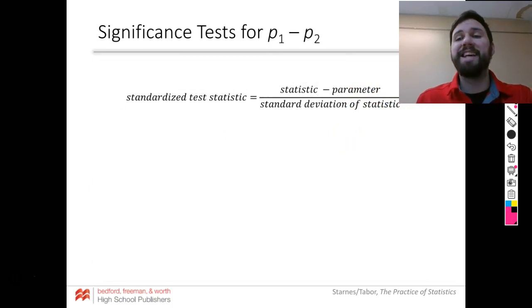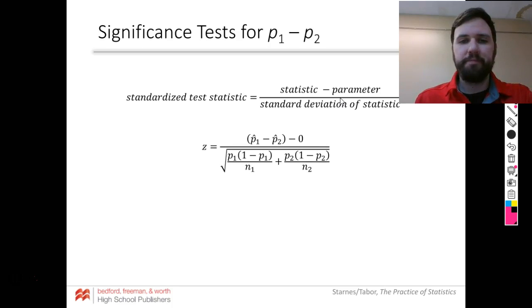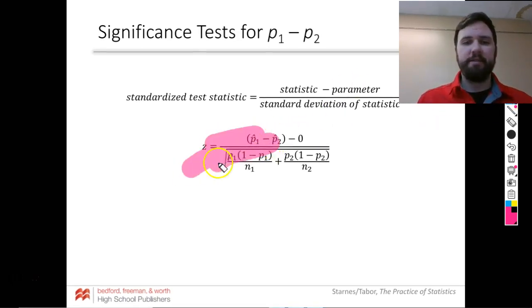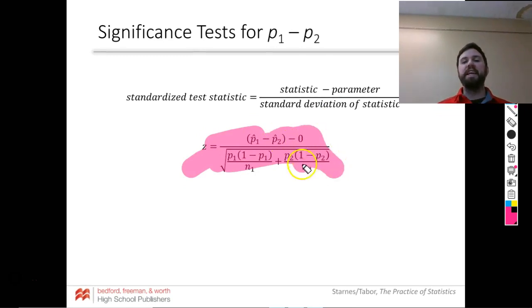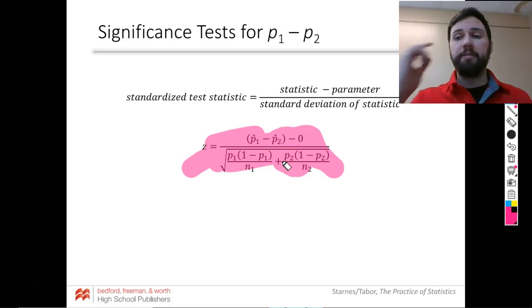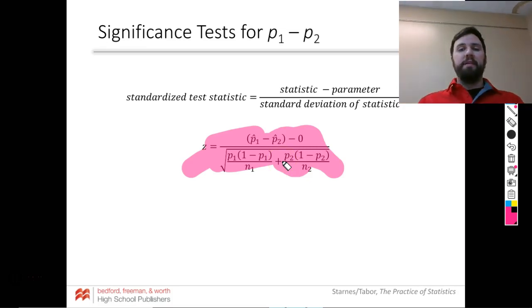Again, our standardized test statistic is statistic minus parameter over standard deviation. Chapter 9 to learn more. This is what the dirty formula looks like. Look at that. Because the standard deviation formula changes, right? We're using the one that we learned from Part A. Mean is just going to be P1 minus P2, not the mean proportion.